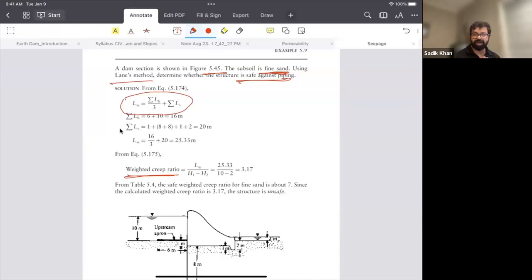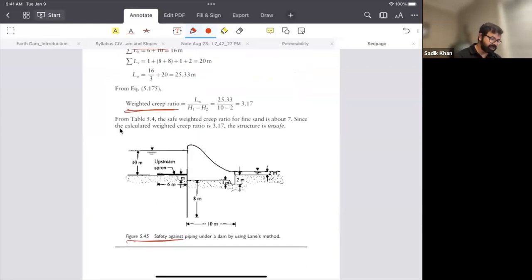Along the horizontal your drop is less, so you have to calculate the actual drop. Let's say you have an apron. In the apron, this is the distance 6 meters, then you drop 1 meter. And then you drop 8 meters. So here you drop 9 meters, and you come up 8 meters. Then you go another 10 meters, but here you drop 1 meter, you move 10 meters, and you come up all the way.